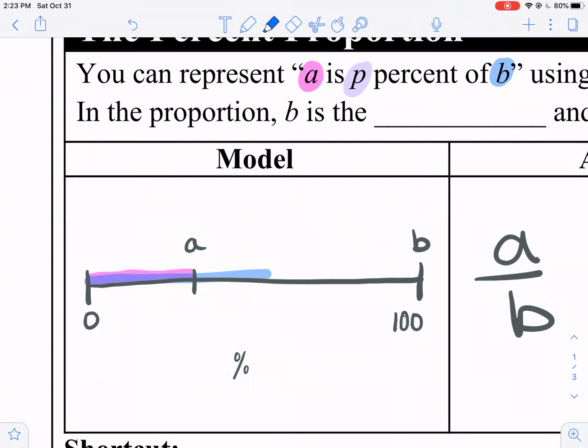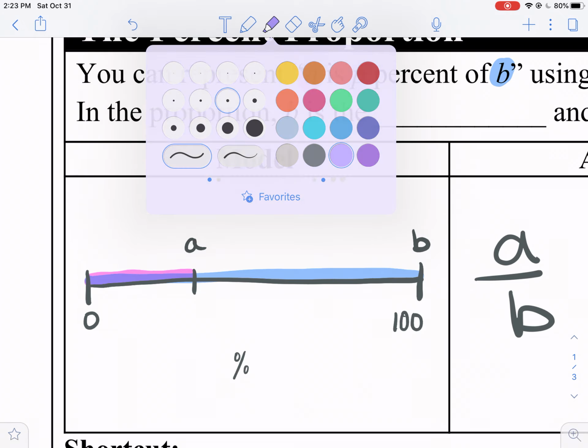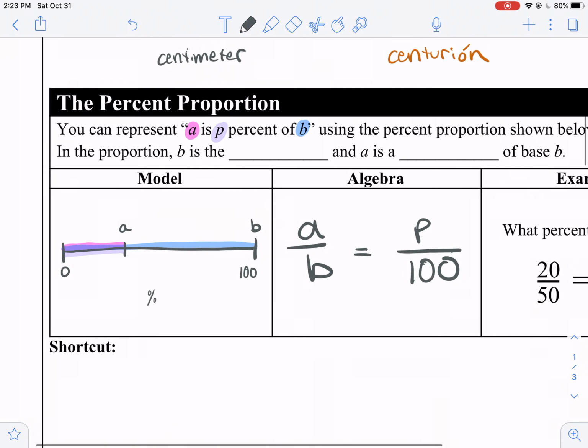A over B is going to be the same thing as whatever percent you have total. Okay, so this percent is going to line up right here.